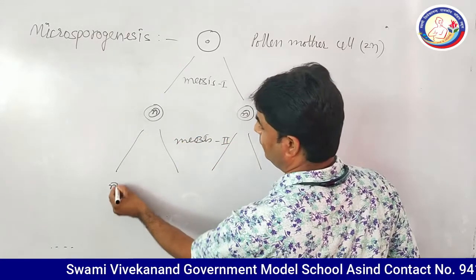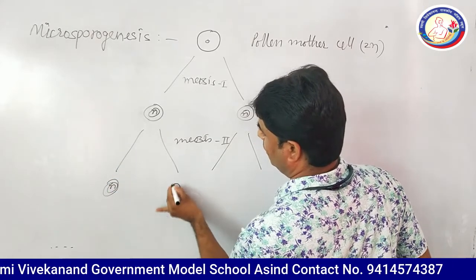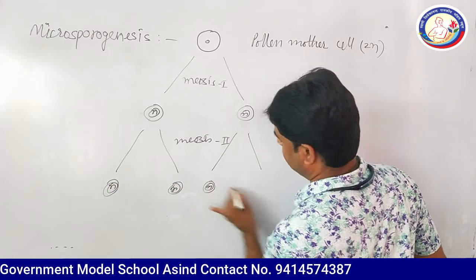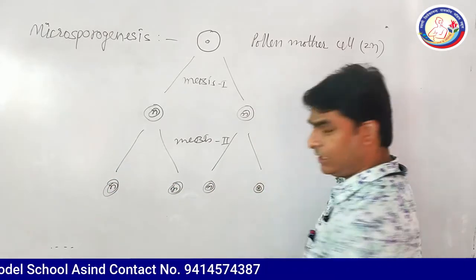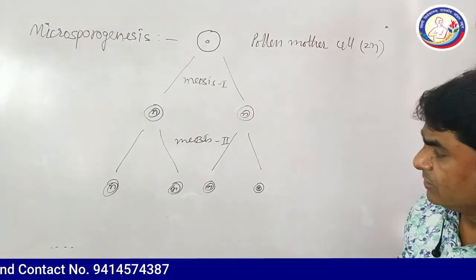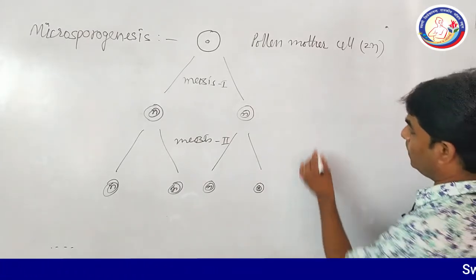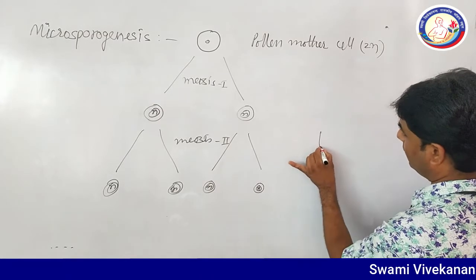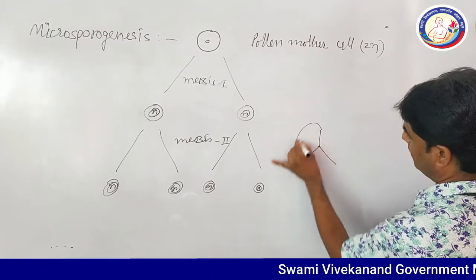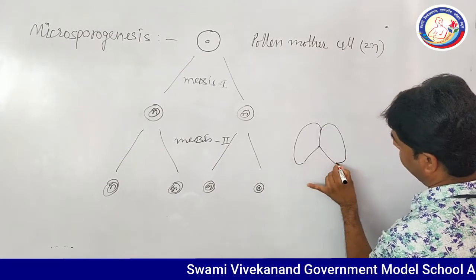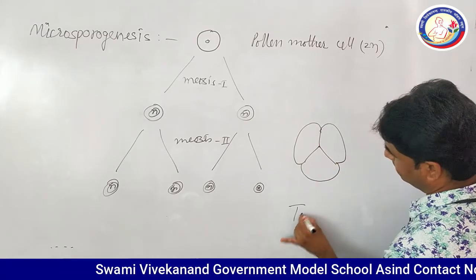and it will form 4 haploid cells, and these haploid cells are grouped, and the group of 4 cells is known as tetrad.